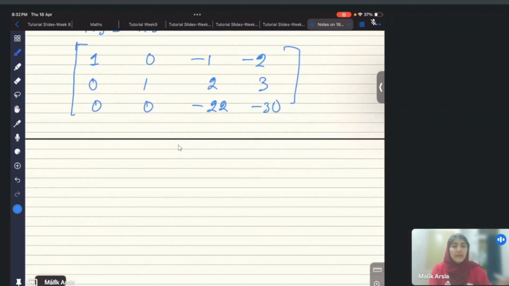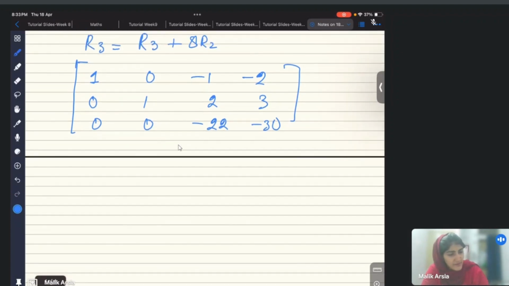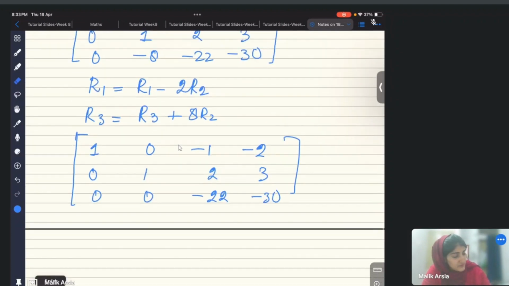Now similarly, we focus on the third column and we try to make this minus 22 as 1. Wait a second, I think I made some error here. Sorry, I have not changed them.